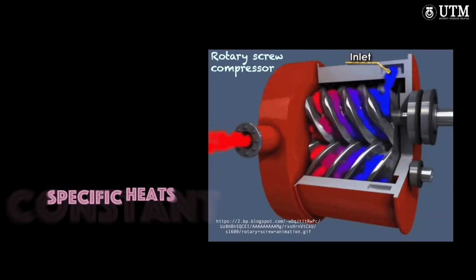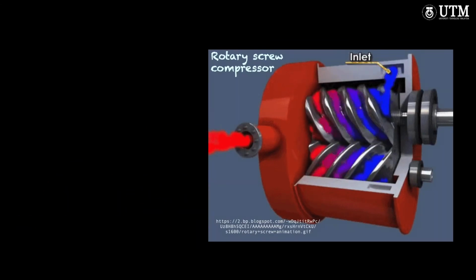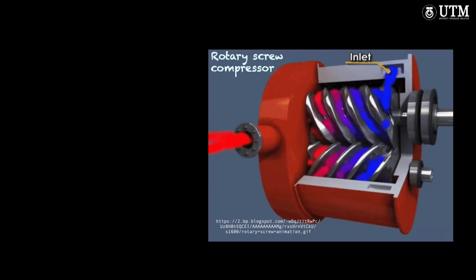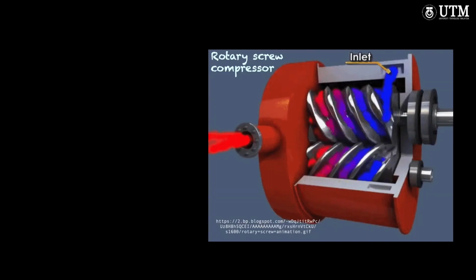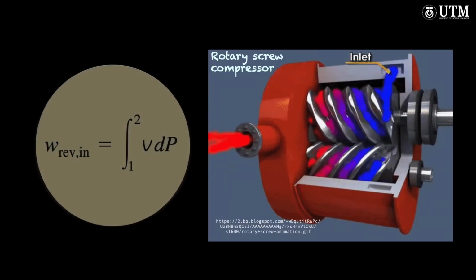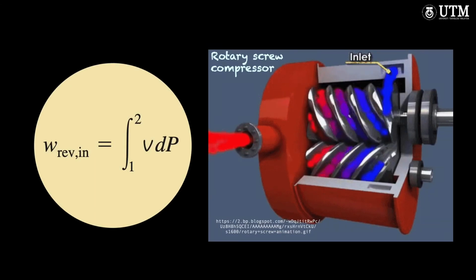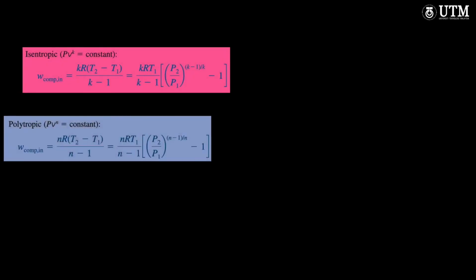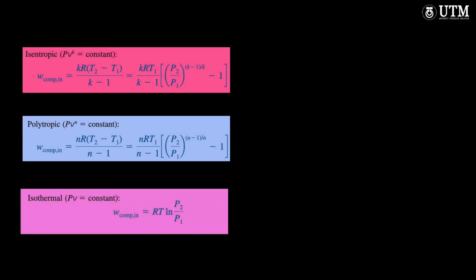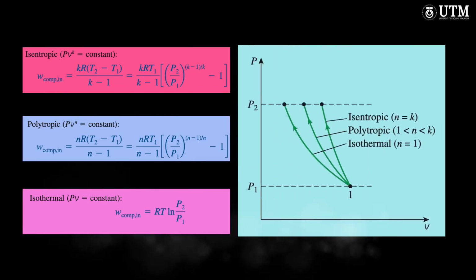We see that the compression work is determined by performing the integration in the given equation for each case. With the following results, the three processes are plotted on a PV diagram for the same inlet state and exit pressure.